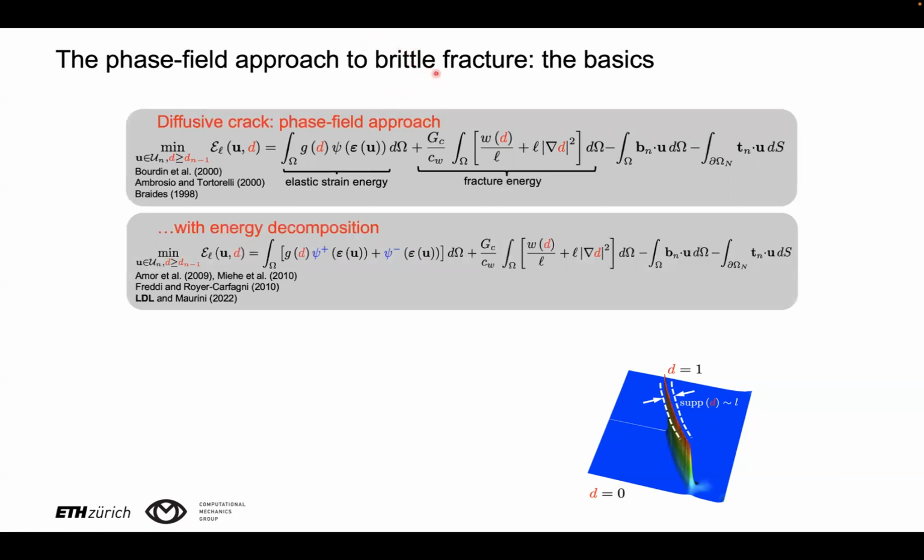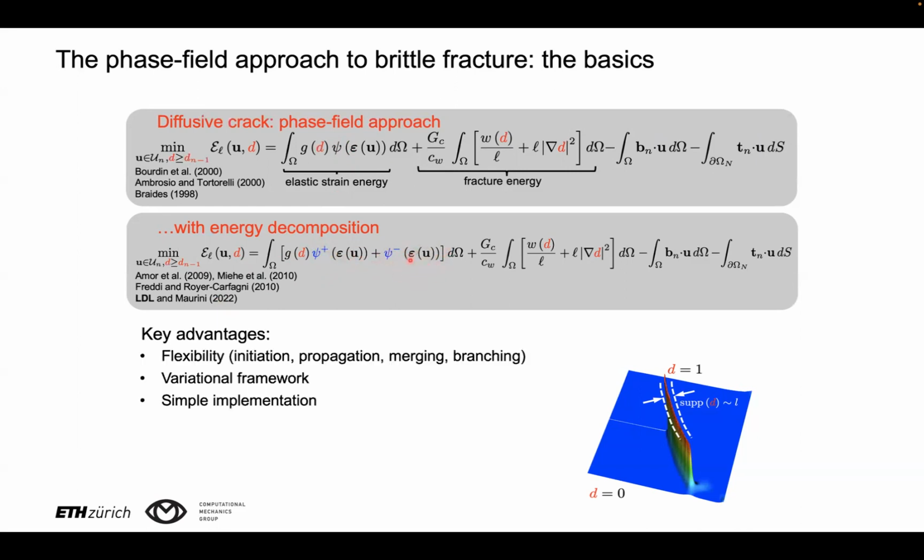Here we are talking about brittle fracture the whole time. So that's why a more realistic version of this model is obtained by the so-called decomposition of the elastic strain energy density into two contributions, and this can be done in several ways. One of which is considered to be driving the damage, and it's indicated here as psi plus, and another one is considered not to be driving the damage.